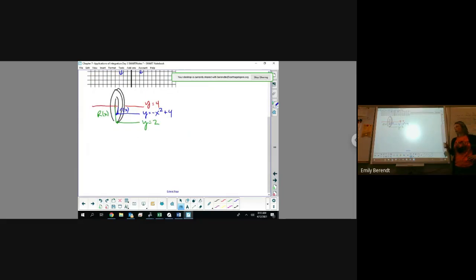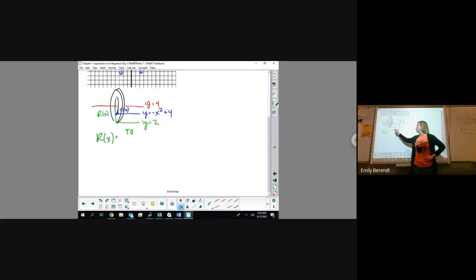So when you go to find big R of x, you go from the picture and do top minus bottom. Top is 4, minus the bottom, which is 2. So it gives us a radius of 2.